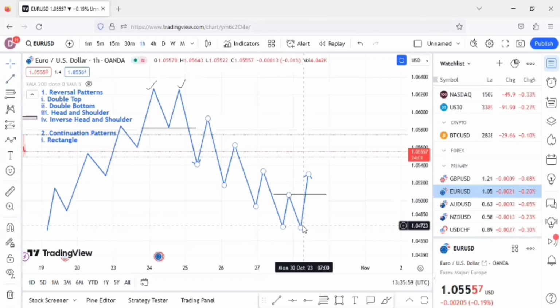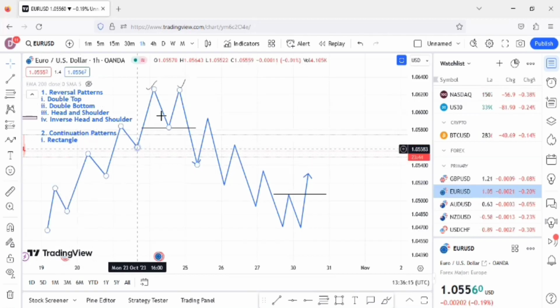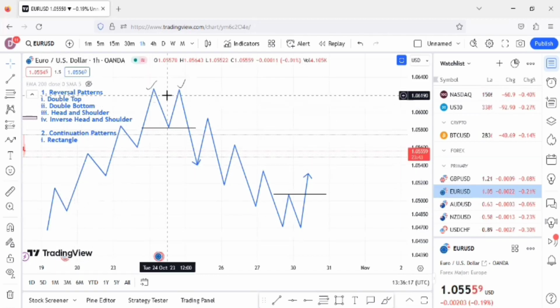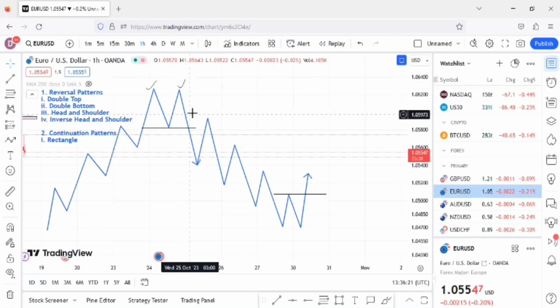There is a potential reversal, but this pattern is not completed until you have a break of the neckline. I'm going to explain that when I explain how to make use of them. So that is double bottom. At the top of an uptrend, you have a double top.